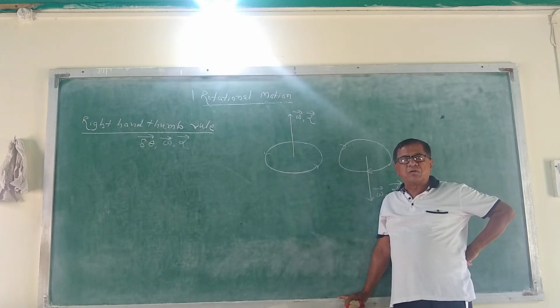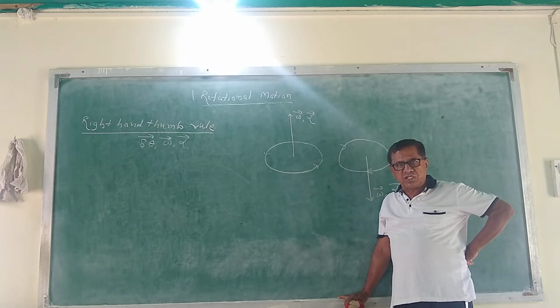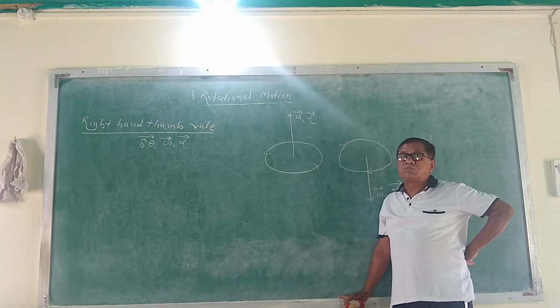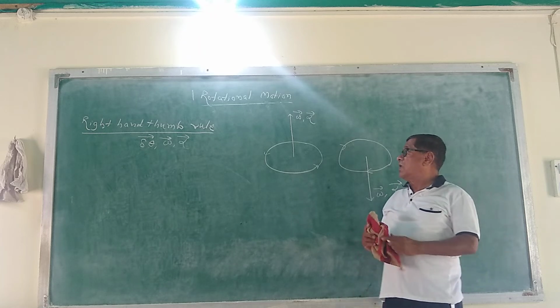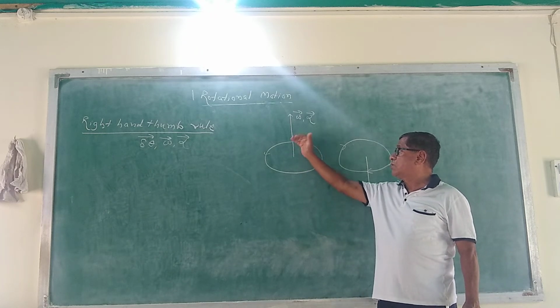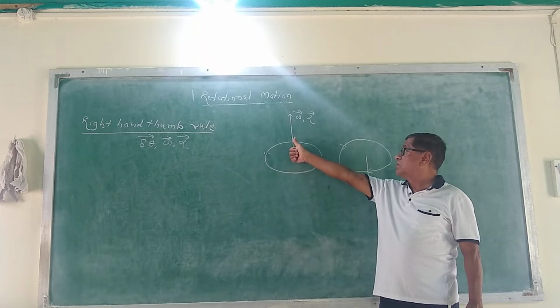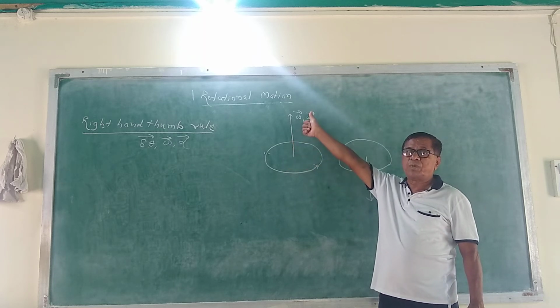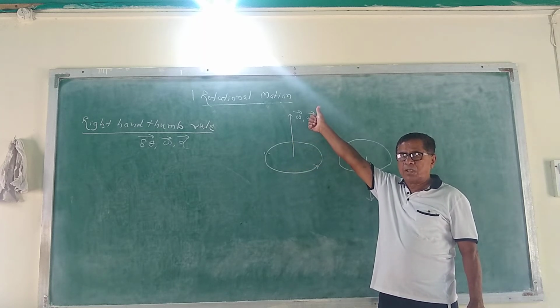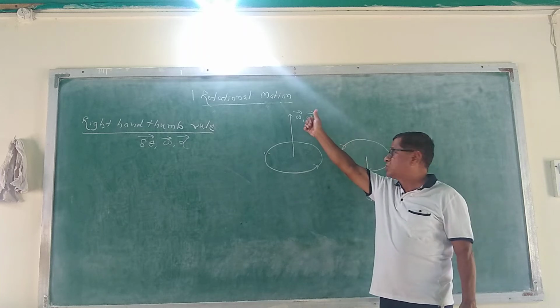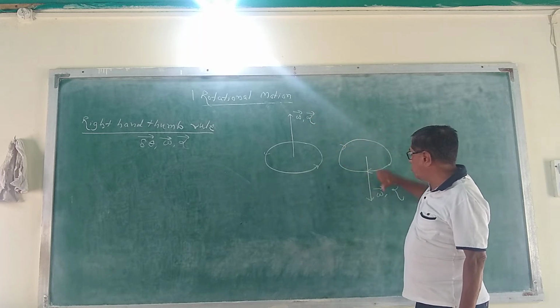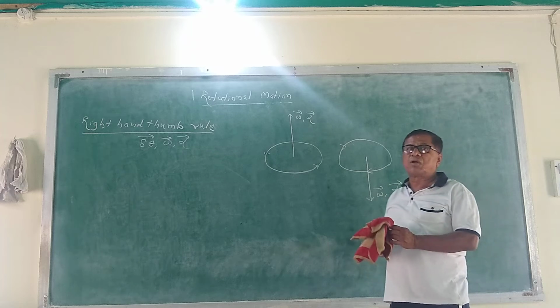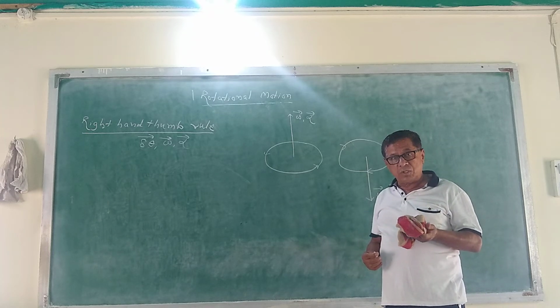Curve the fingers of the right hand in the direction of the sense of rotation. Then the stretched thumb gives the direction of the vector. In the anti-clockwise motion, we curve the fingers in this direction and the thumb gives the direction of the omega bar or alpha bar. In the case of the clockwise motion, this is the direction. That is called the right hand rule.